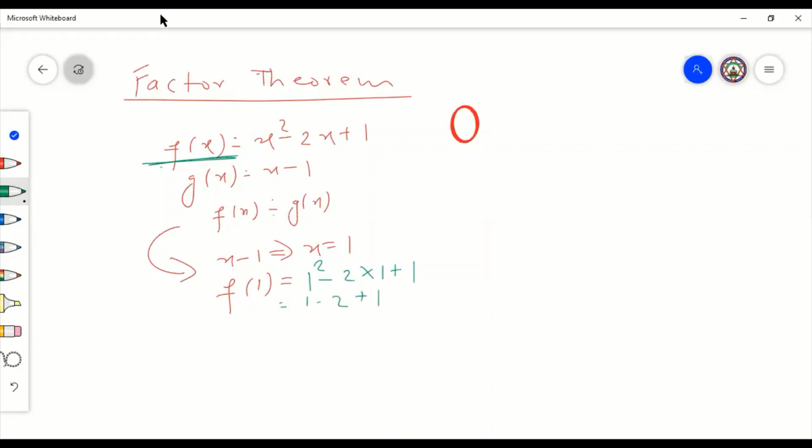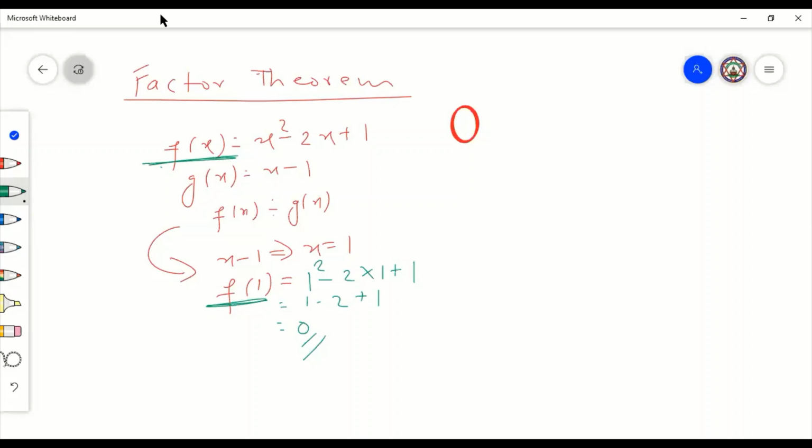This all cancels out, so the remainder will be 0. So f(1) gives the remainder as 0.